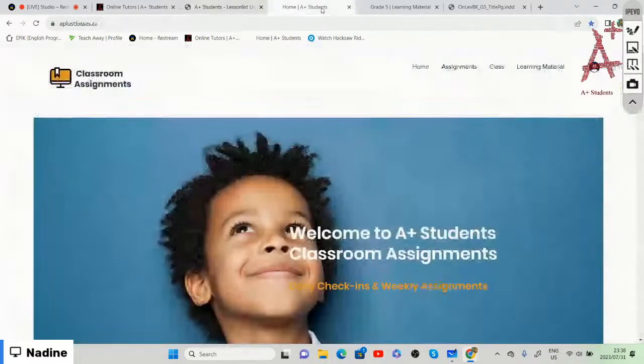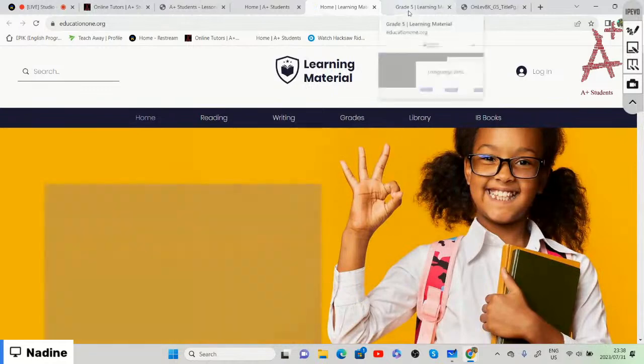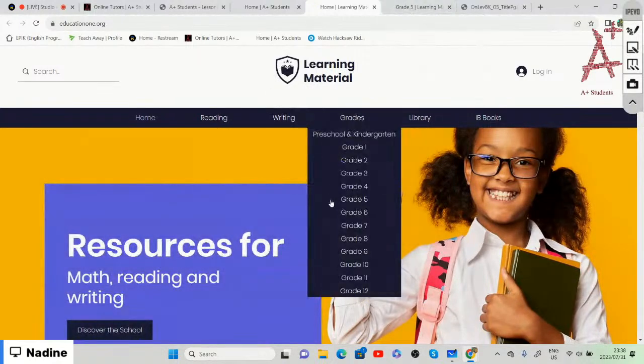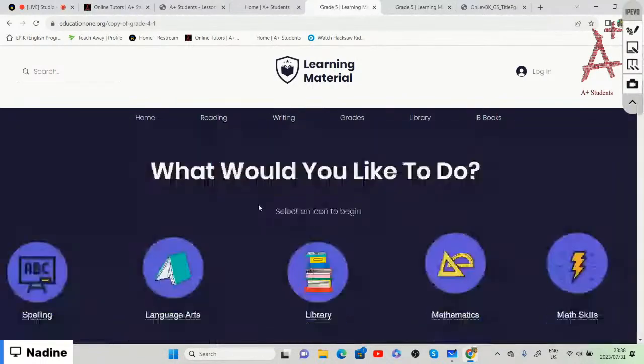We are now going to go to the A plus classes. You're going to log into A plus classes.ca. Once you've logged in, you're going to learning materials, and then you're going to go to grades, grade 5. Then we're going to scroll down to what would you like to do, and we would like language arts.